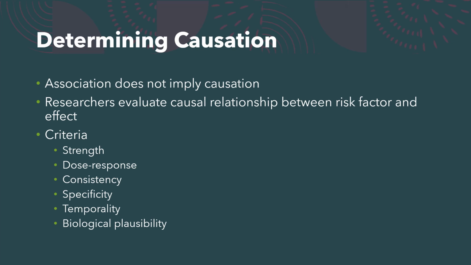And another concept is biological plausibility. When we look at two things that go up together, we have to ask ourselves whether they make sense in terms of the biology. So if we're talking about things like cigarette smoking, inhaling all of the chemicals that are in commercially produced cigarettes, it's biologically plausible that those could damage the cells in the lungs.